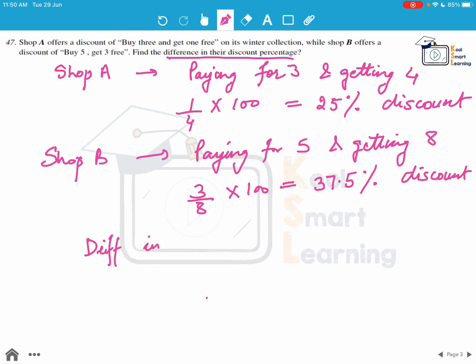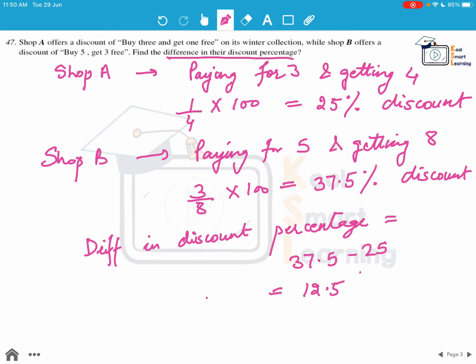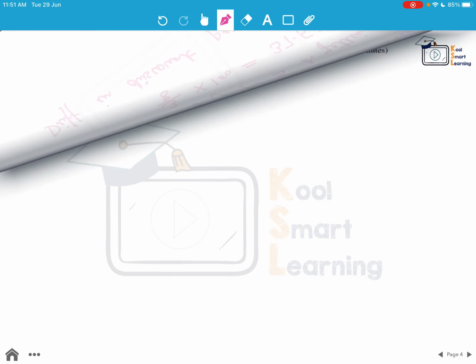So difference in discount percentage is 37.5 minus 25, which is 12.5%. So this is the answer to this question. Moving to the next question.